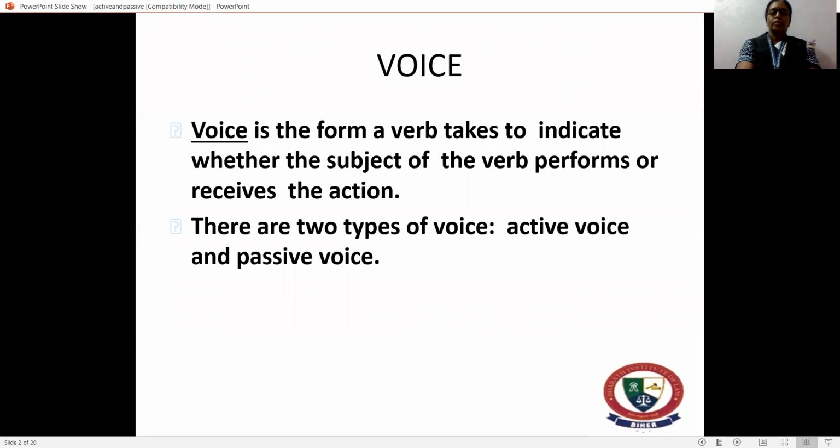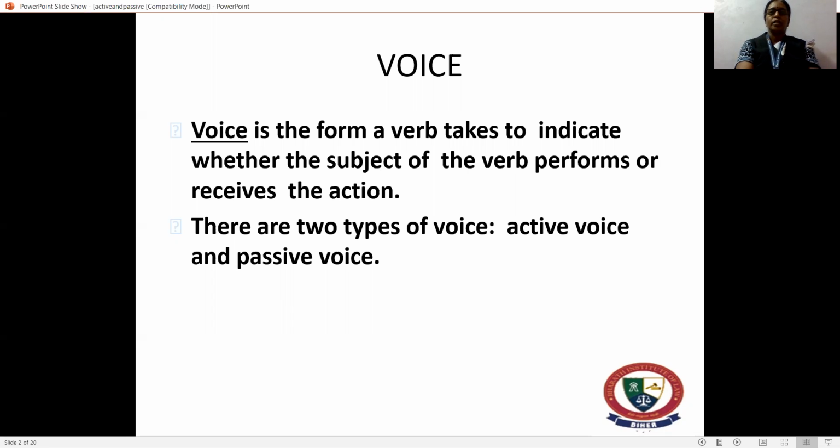First, we will see what do you mean by voice. Voice is the form a verb takes to indicate whether the subject of the verb performs or receives the action. That needs to be underlined. That is, whether the subject is performing or the subject is receiving something. That is very, very important.